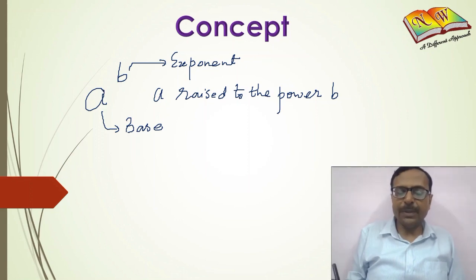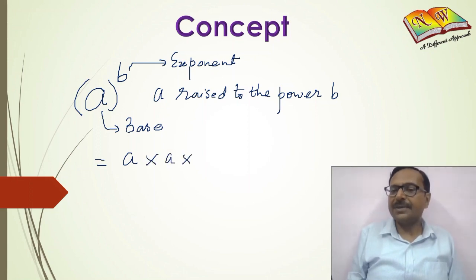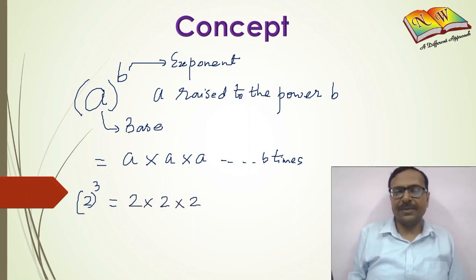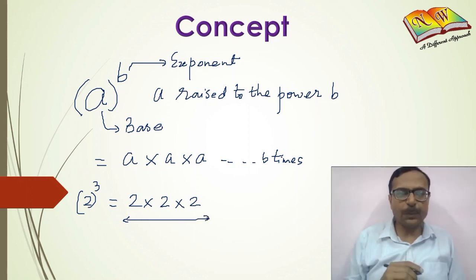A raised to power b means that the base a is multiplied b times. For example, if you have 2 raised to power 3, then the base 2 is to be multiplied by itself 3 times. This is what you mean by the base having an exponent.